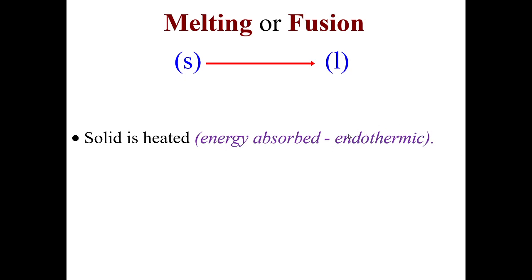You may think, well, it's heating up, so it's exothermic, but no, it's absorbing heat. That ice cube requires energy to be absorbed to turn into a liquid. So think about what's being absorbed rather than the external temperature, like outside going from winter to summer. Energy is being put into it, so it's an endothermic process.